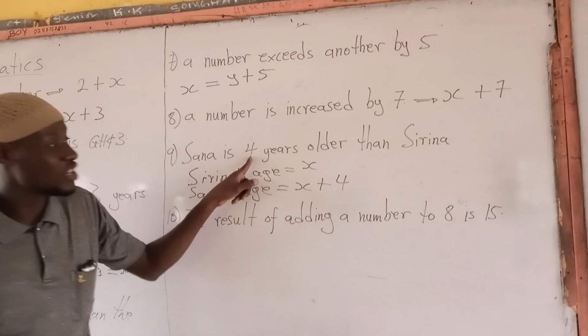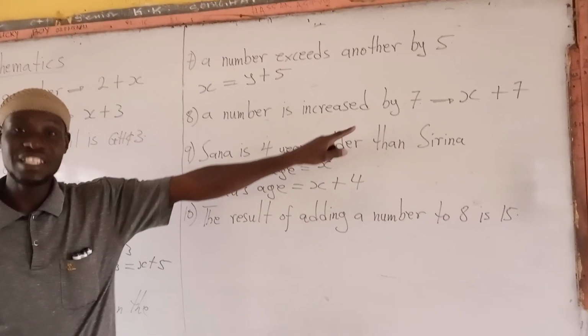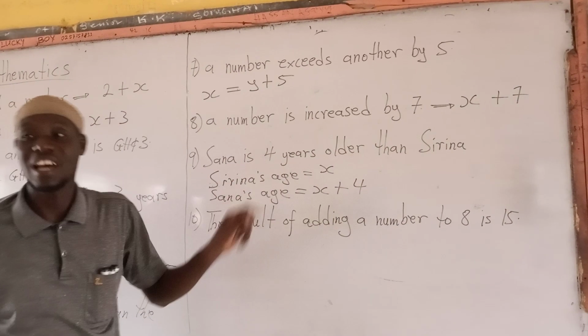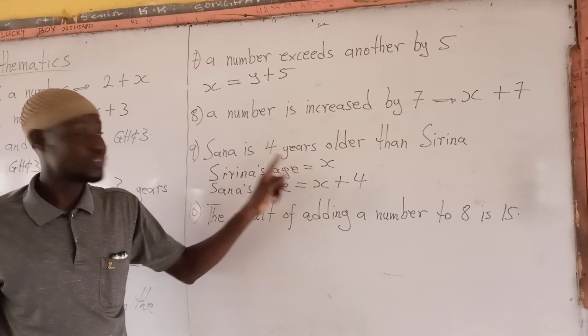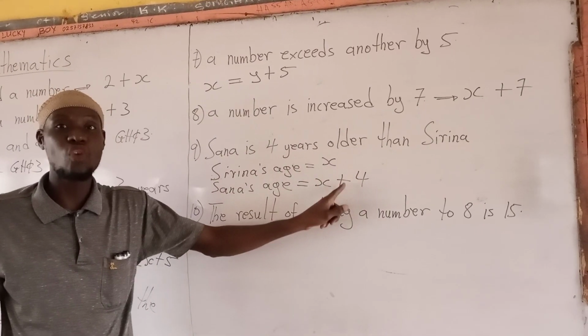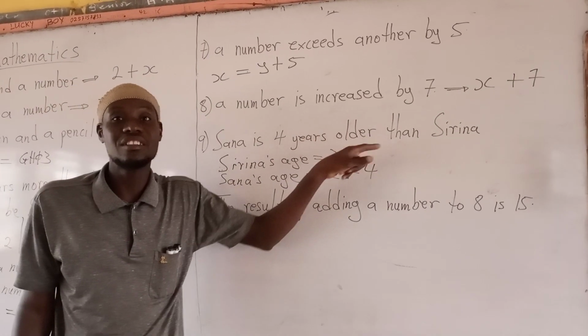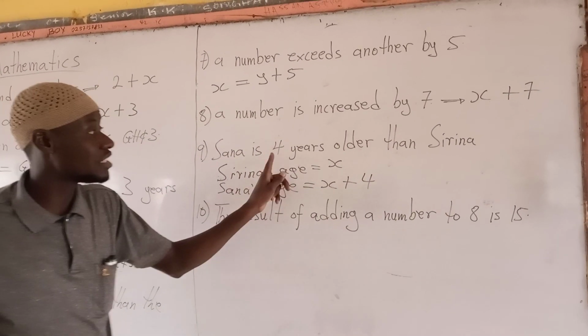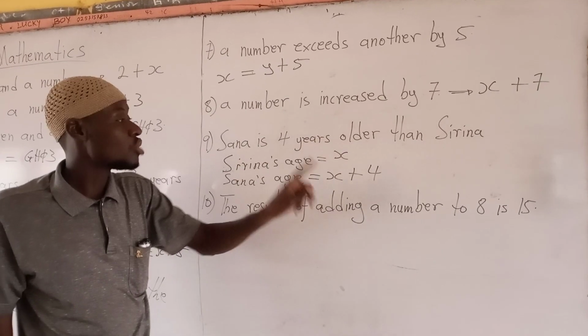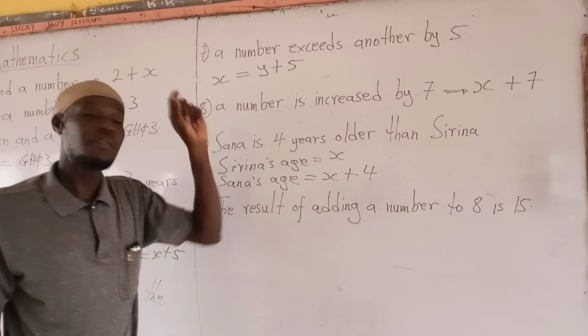That's why we said that "years older than" also stands for addition. You are adding the 4 years to the age of Serena to give you the age of Sana.